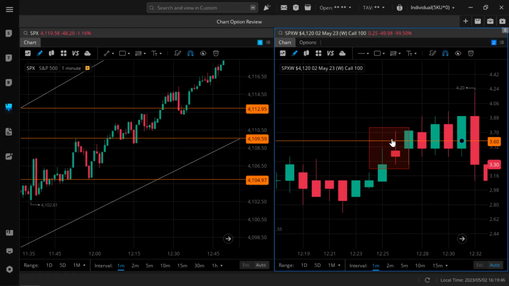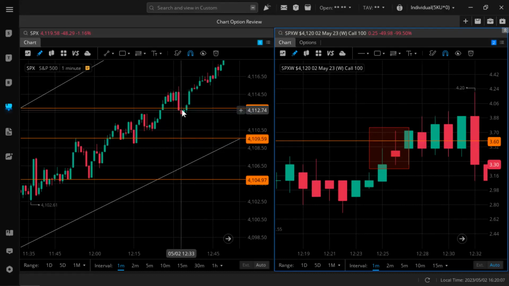I could have put a limit at 3.2, 3.3, 3.4, but I wanted to get mostly a selfish indication of myself. I wanted to get a 100% trim, and I knew if we broke this level heavy, we could wick upside on SPX and the contract would easily fill me at 3.6. And sure enough, my first sell at 3.6 hit.